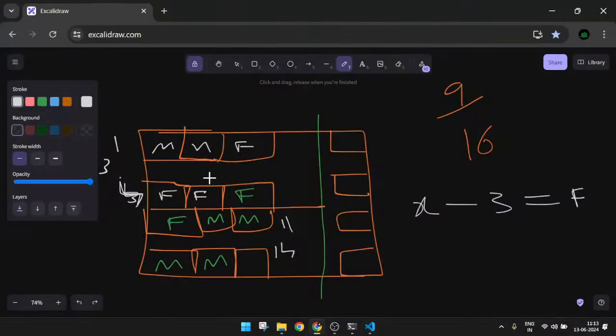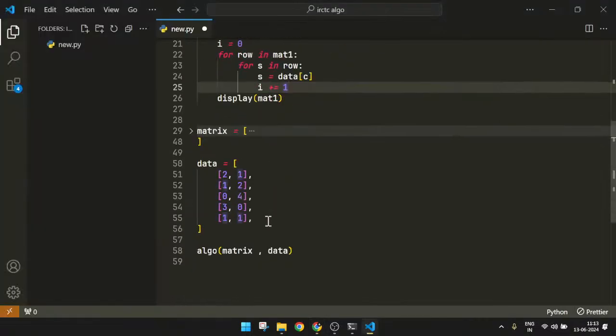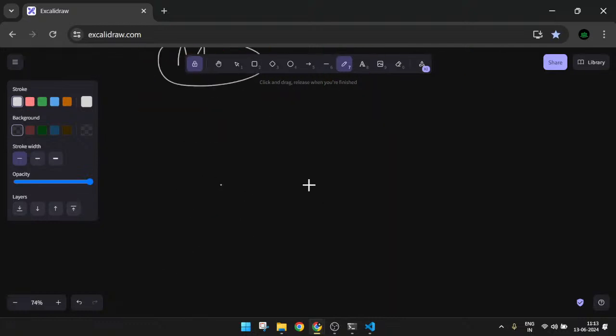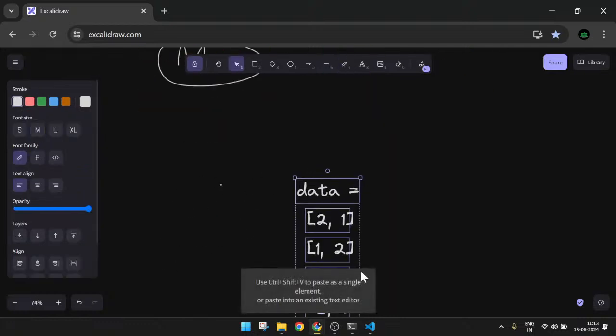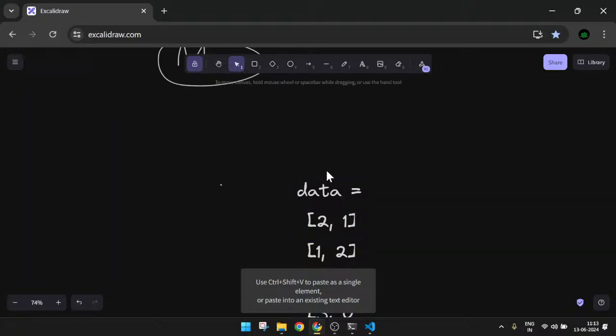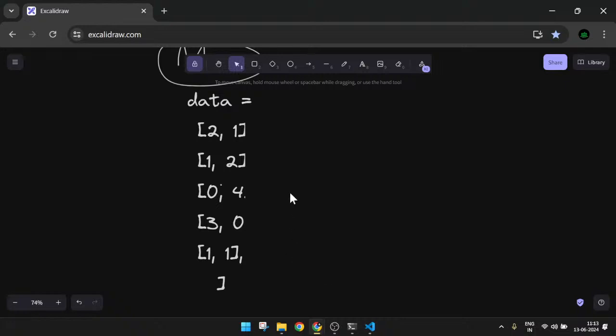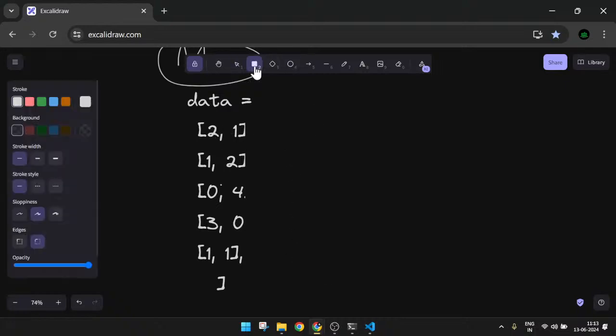So I think I should get, if my data is like this, let's see what we get for this data. Oh, why am I getting... I'm only filling this part. Only filling this part.